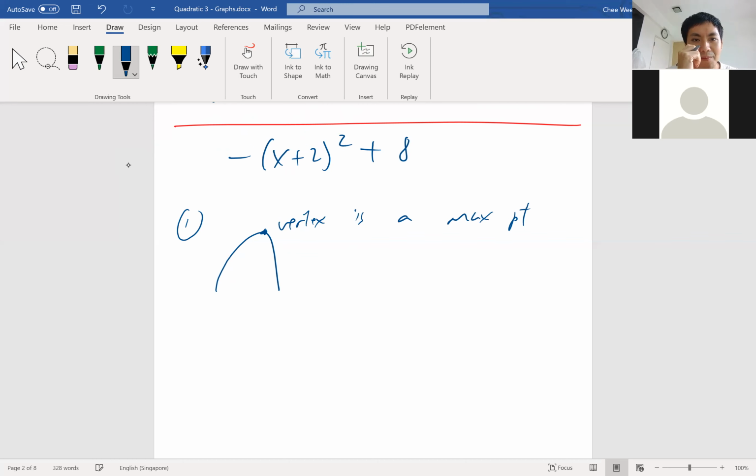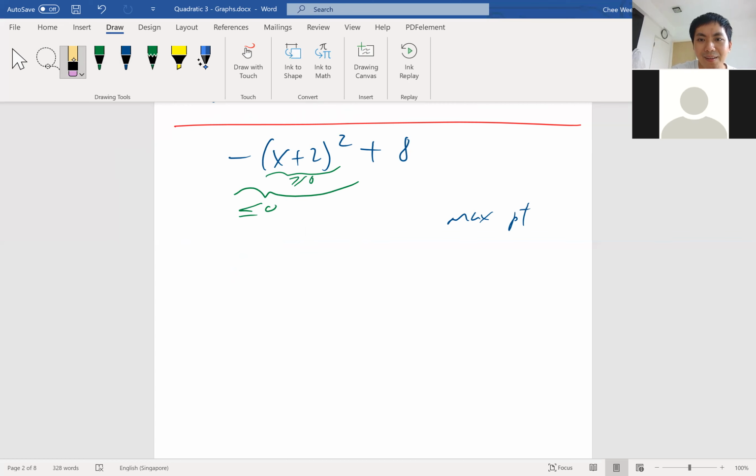The squared value cannot be negative. This guy here is always like this, but you have a minus in front, so it is less than or equal to 0. Then you add 8 to it, so y has to be always less than or equal to 8.